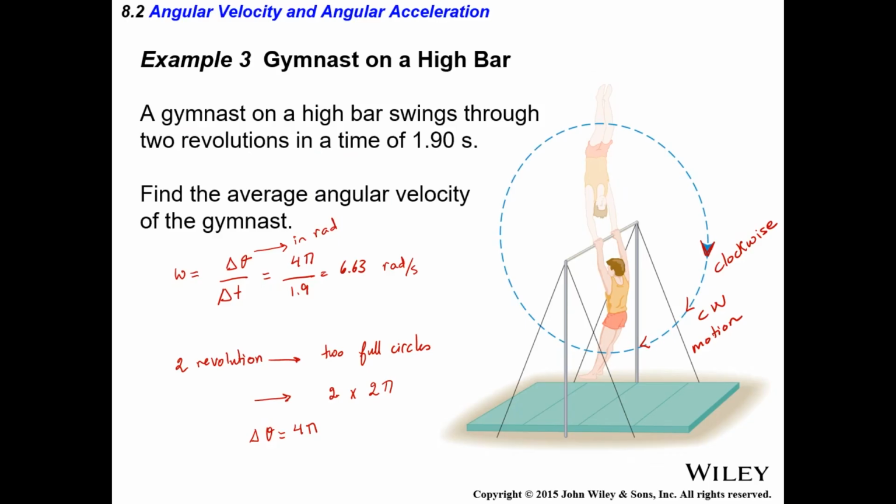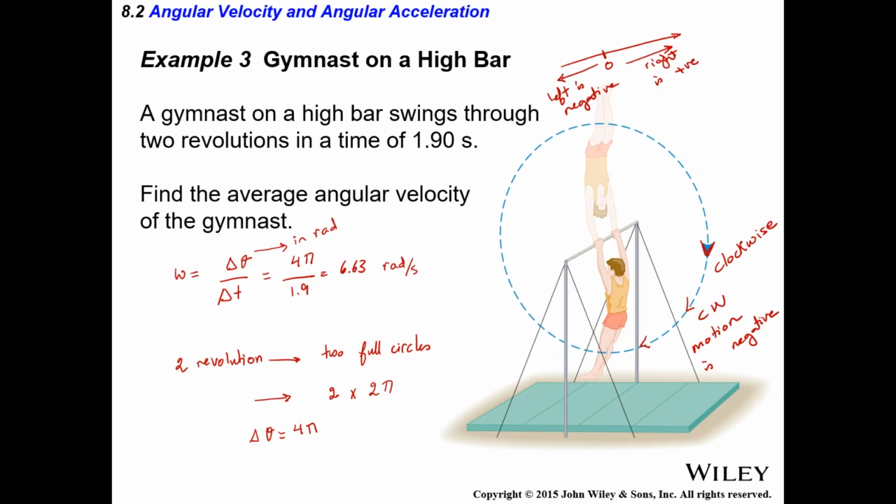We said any position x that is to the left of the origin is negative, and anything to the right is positive by convention. Similarly here, clockwise motion is negative, and counterclockwise motion is positive.